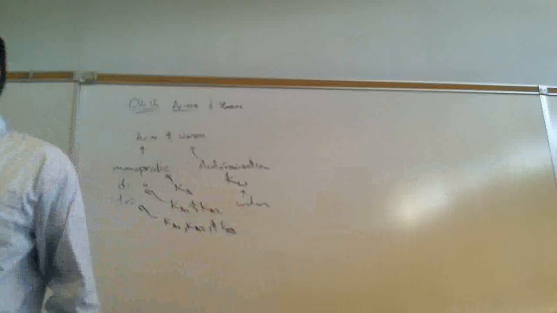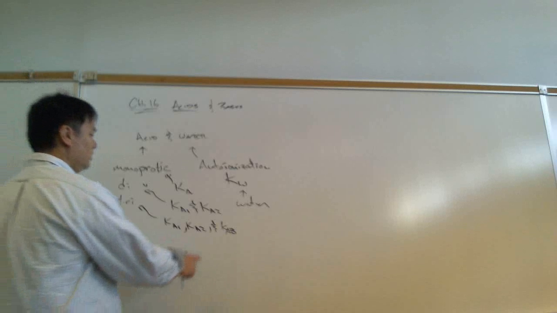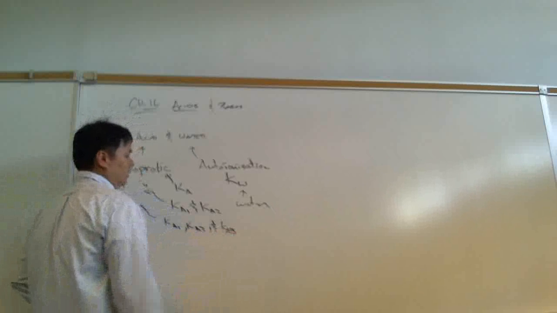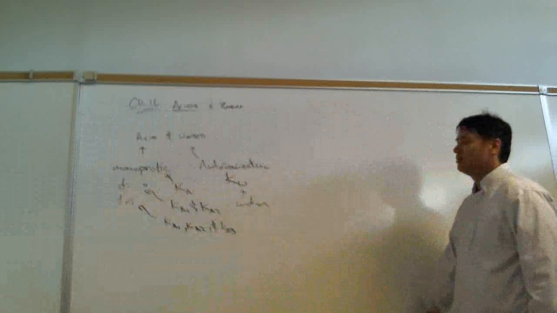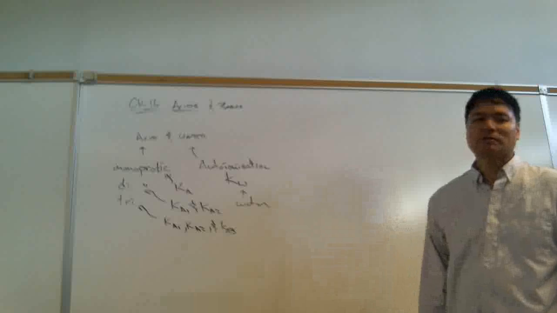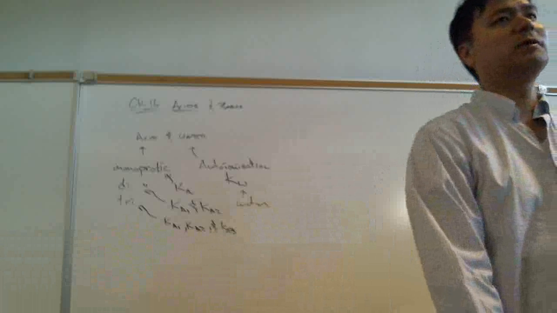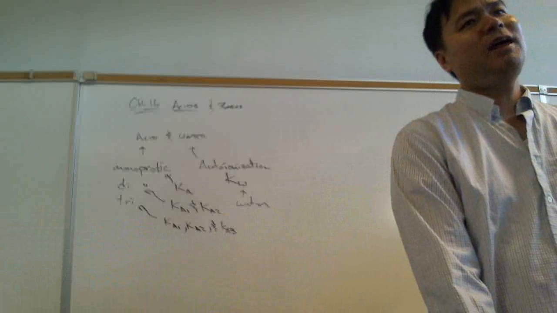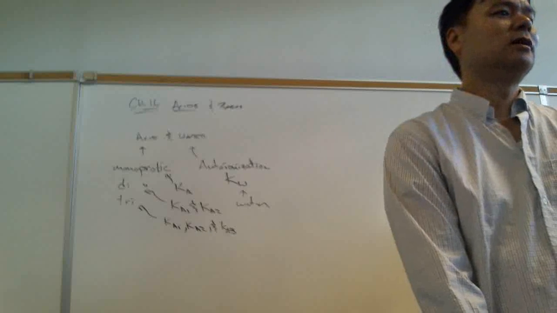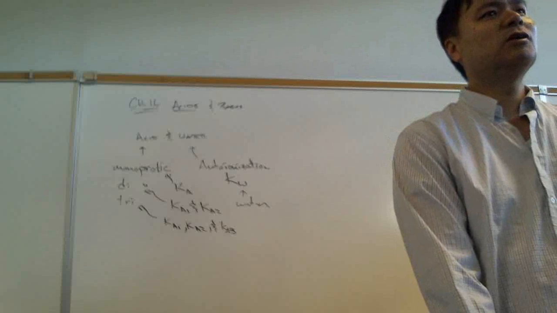Now, do these equilibria act independently of one another? The answer is no. They all interact with each other, so how do you deal with this? Four different equilibria happening at the same time. And so chapter 16 gets a bit more complicated than something like chapter 15, where we're only dealing with one equilibrium. But it also gets easier, because in chapter 16 we're never going to go beyond a quadratic.